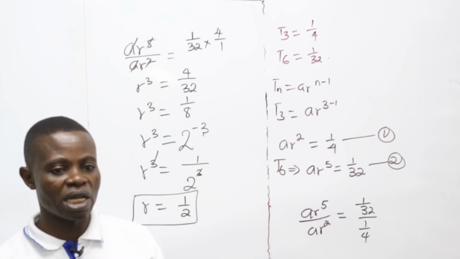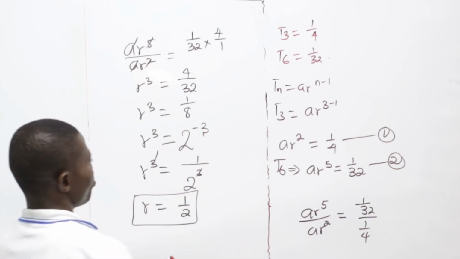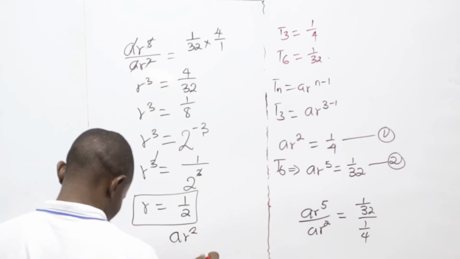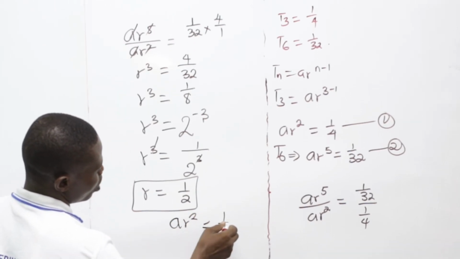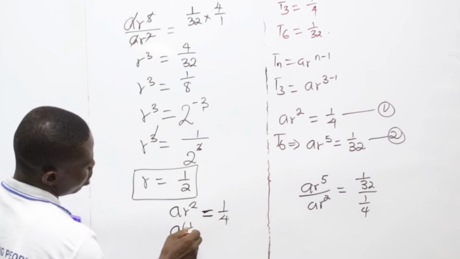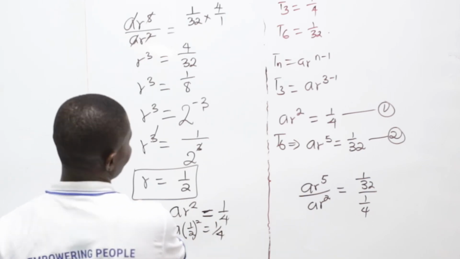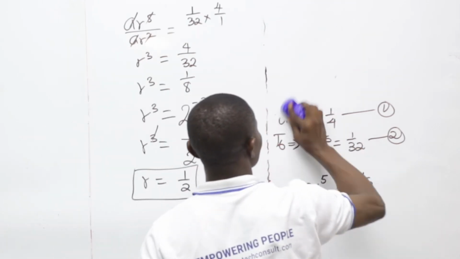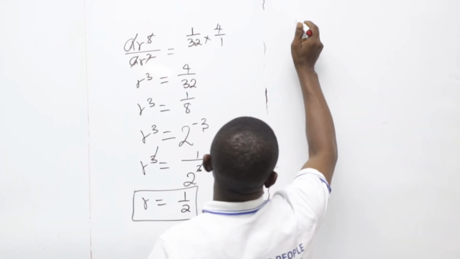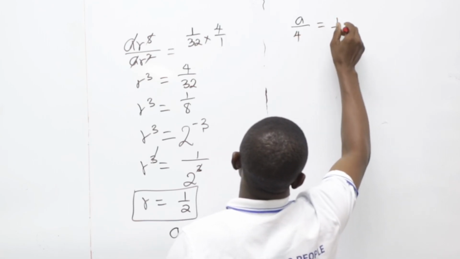Now let us look for the first term of this GP by saying from equation 1, AR square, which was 1 over 4, A into half R square equals 1 over 4. A all over 4 equals 1 over 4.